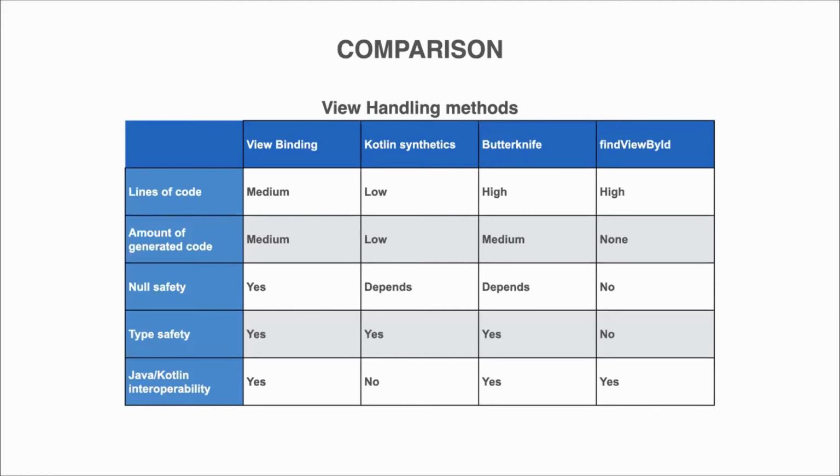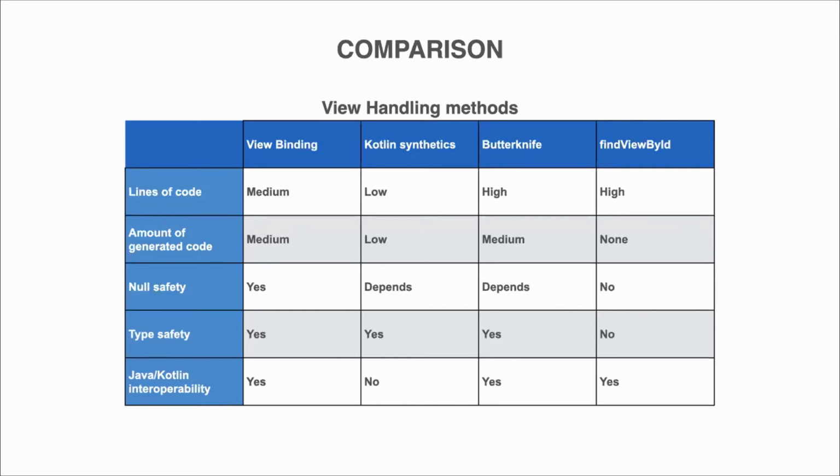ViewBinding is null safe. As I mentioned, it has cases when there are multiple configurations, so views are nullable, but that's logical. Kotlin synthetics, well, they are kind of null safe, but you can also access views from other layouts without knowing it. You have to keep an eye on the imports. If they have the same IDs, you might actually access the wrong one and have a null pointer exception.